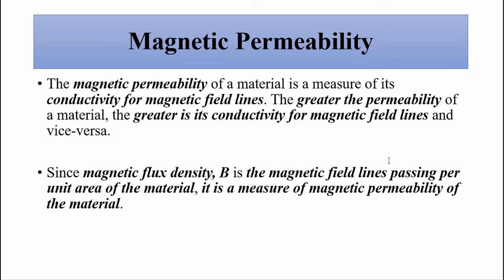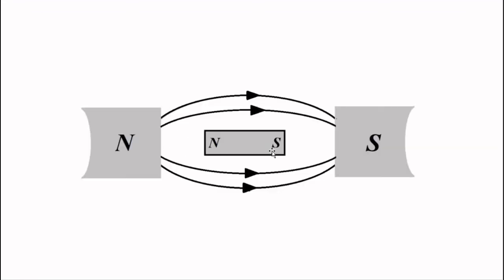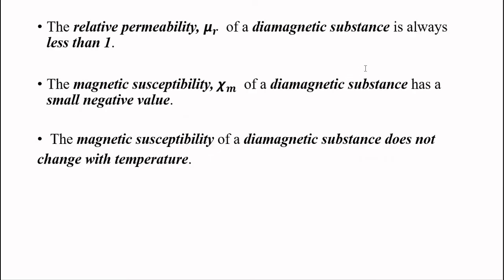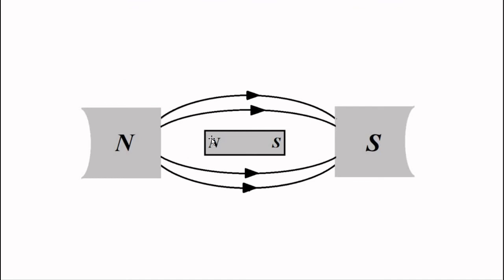As you can see, the diamagnetic materials do not allow any magnetic field lines to pass through them. So obviously the permeability of diamagnetic materials is very less. It is always less than 1. That's why they do not allow any magnetic field lines to pass through. They always pass around the diamagnetic material. So the relative permeability of diamagnetic material is less than 1.